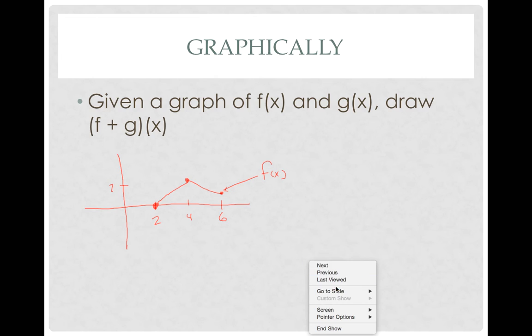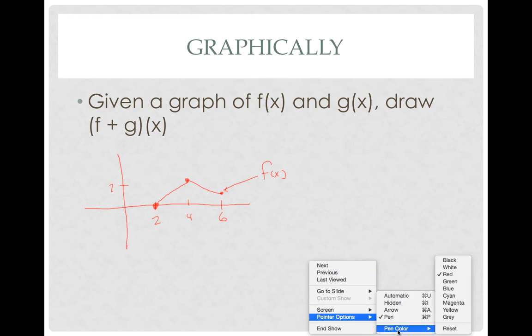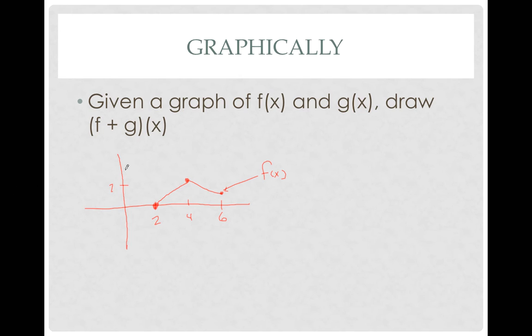And let's change our pen color for g of x here. The points 2, 4, 4, 0, and 6, negative 2. And that is the line for g of x.